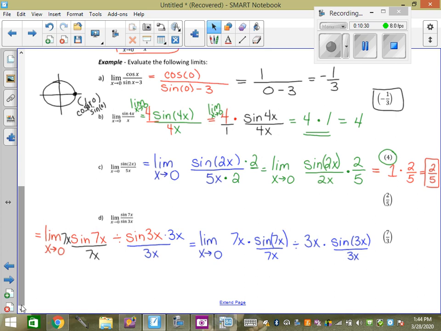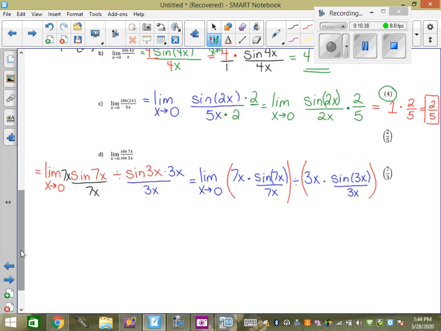Now, if it makes it easier for you to see, I'm going to put the top in brackets, the bottom in brackets. Okay? As I apply my limit, I get the limit as x goes to 0. 7x stays 7x times, now, sorry, the limit is gone. I'm going to apply the limit.